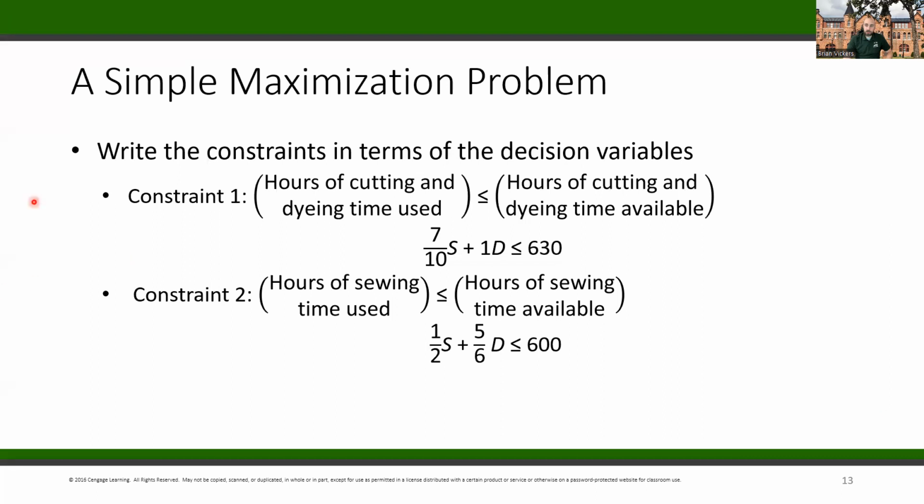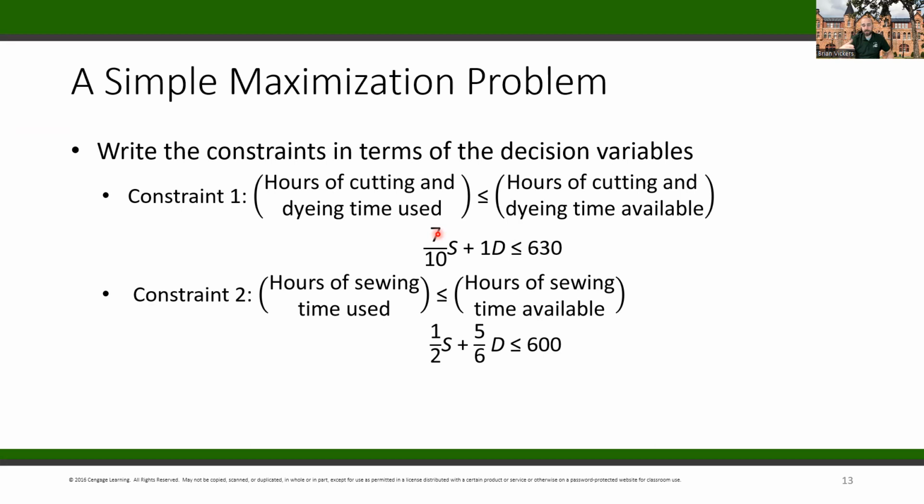This might look a little complicated, but I'm just going to go over it briefly, and then we're going to go over it more in depth in the practice problems video. It takes 7/10 of an hour for every S. Now we're not going to write it as a fraction. I have genuinely no idea why it's currently written as a fraction, because they're going to adjust this to decimal points later.